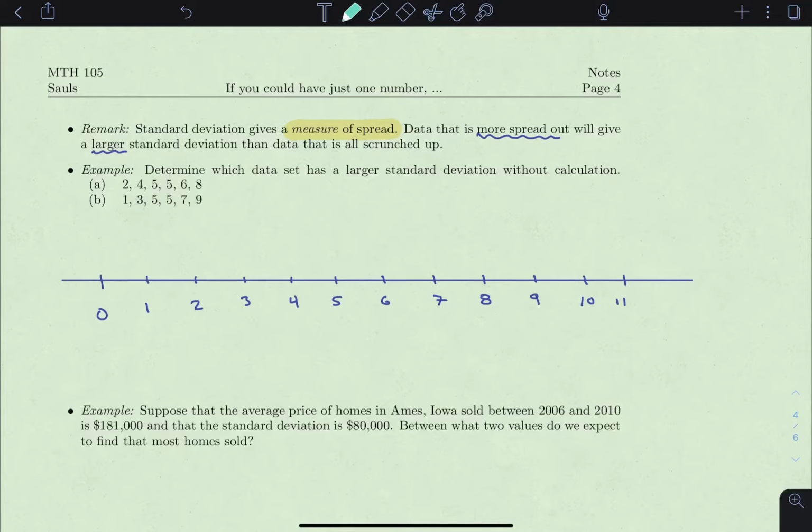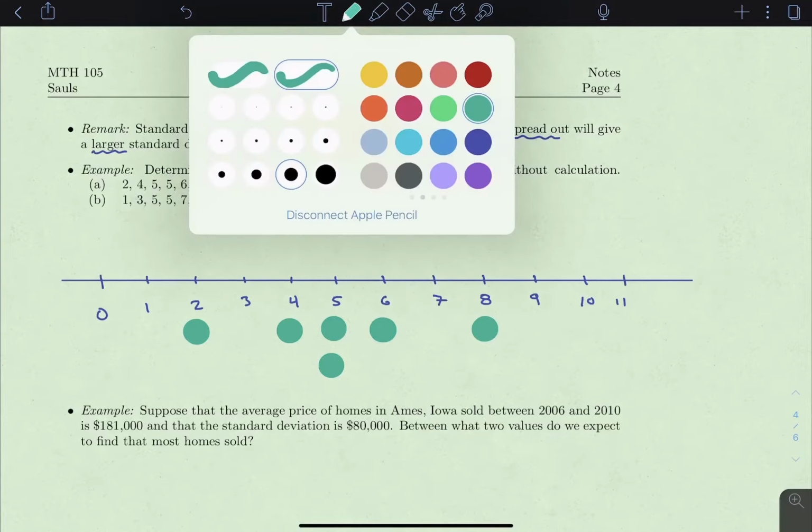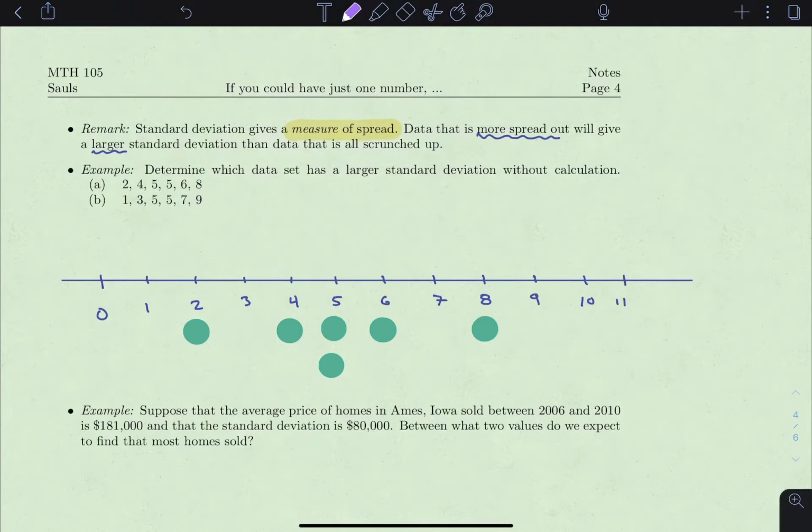And so we have 2, 4, a couple 5s, a 6, and an 8 for dataset A. And for dataset B, we have 1, 3, 2 5s, a 7, and a 9. I don't know why I did A on top and B on the bottom.